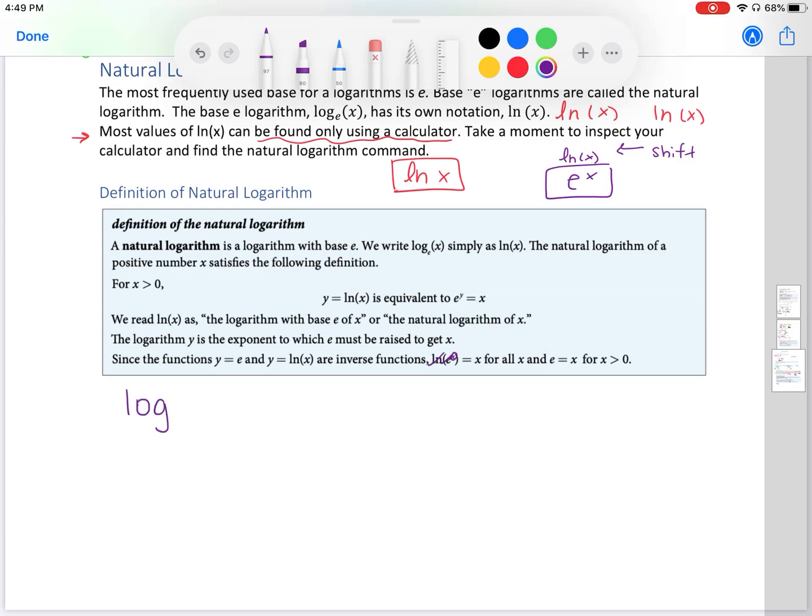So instead of writing log base e of x, we can just write ln of x, and that's how we interpret it. Now ln is the inverse of e, and so if we're left in a situation where we take the ln of e, we get the exponent in return.